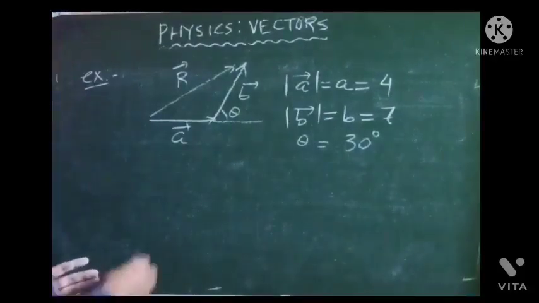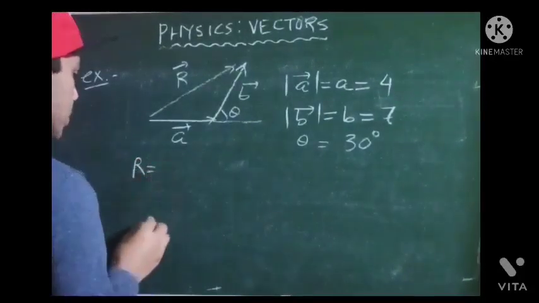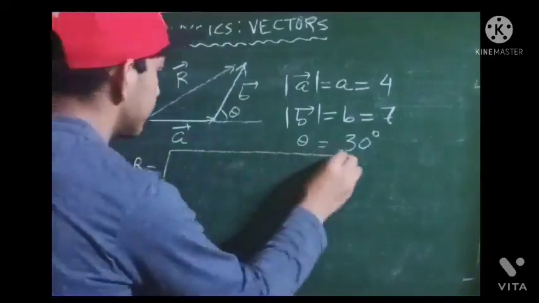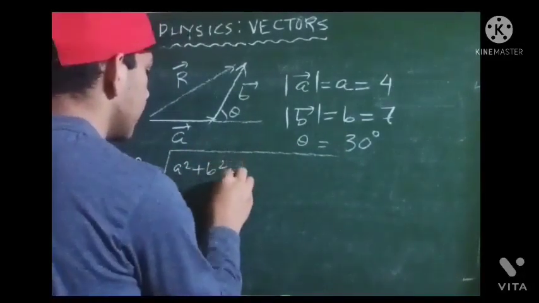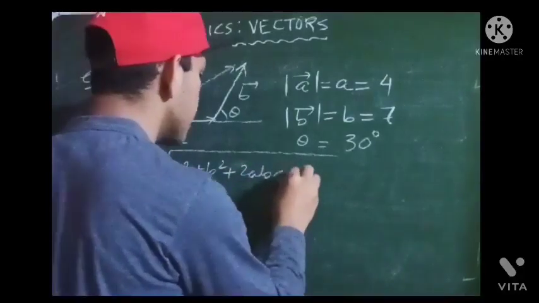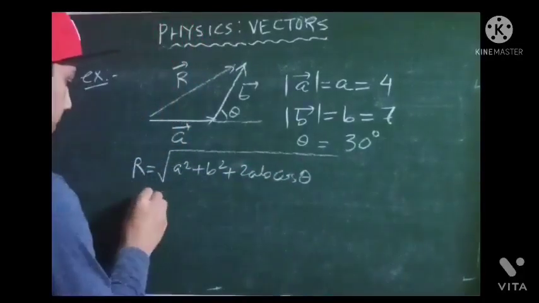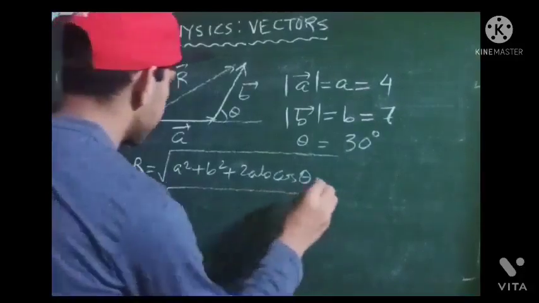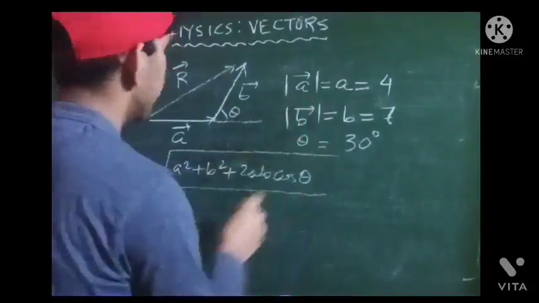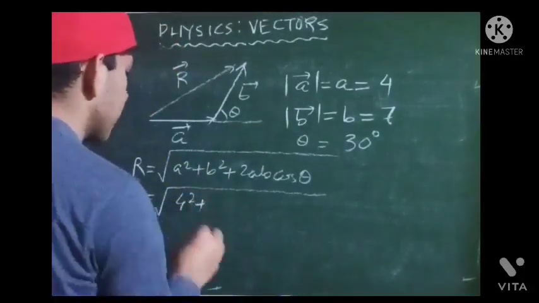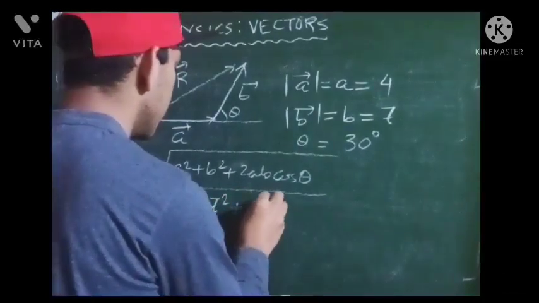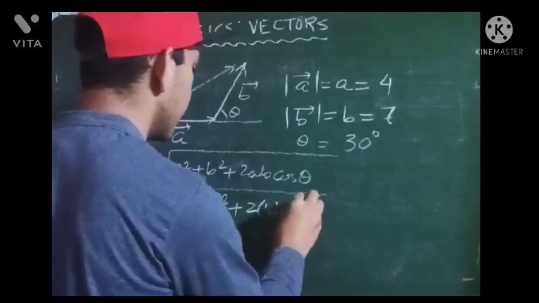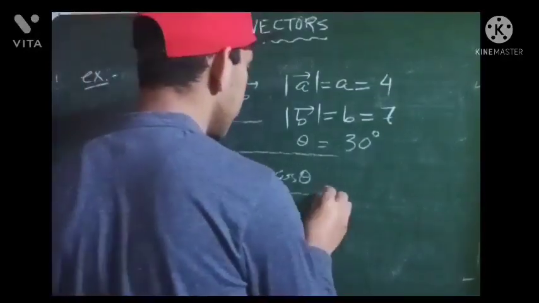Then by using the direct formula I can write r is equal to root under a square plus b square plus 2ab cos theta. A square is 4 square, plus 7 square, plus 2 into 4 into 7 cos of 30 degree.